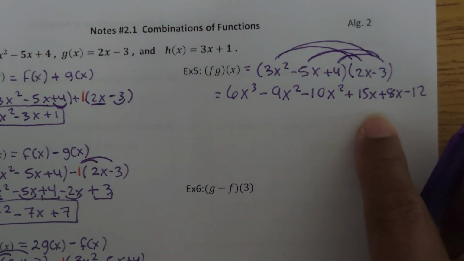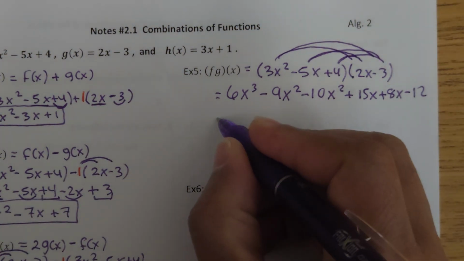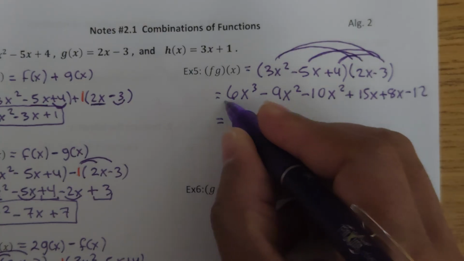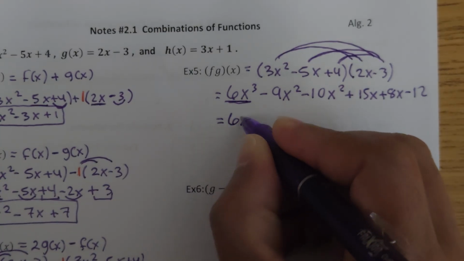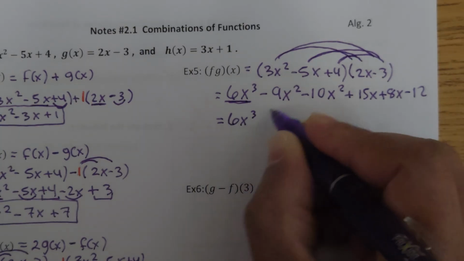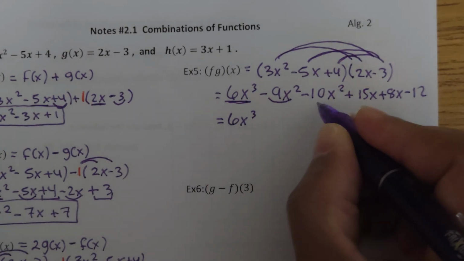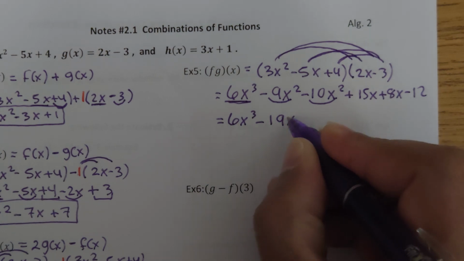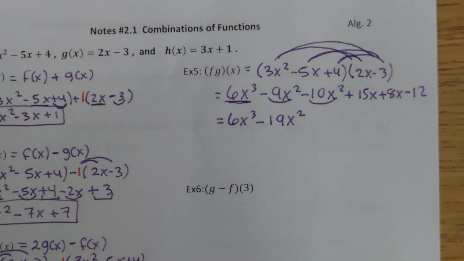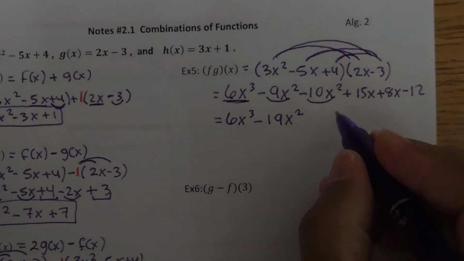So we're done multiplying. Now let's start collecting like terms. So then this equals, I'm going to leave this one alone because there's only one of them. So 6x cubed, or x to the 3rd, and then negative 9x squared minus 10x squared combine to negative 19x squared. And let's see what else.